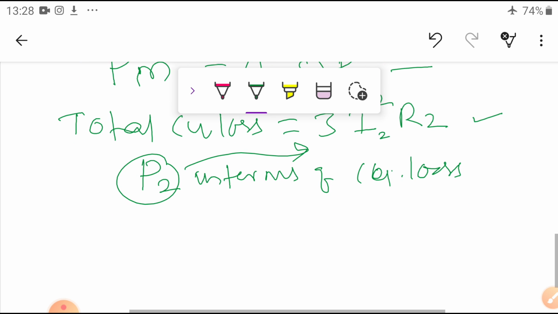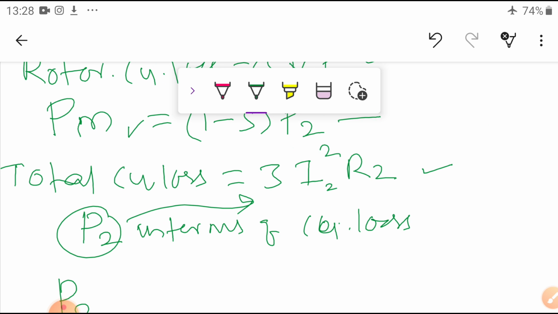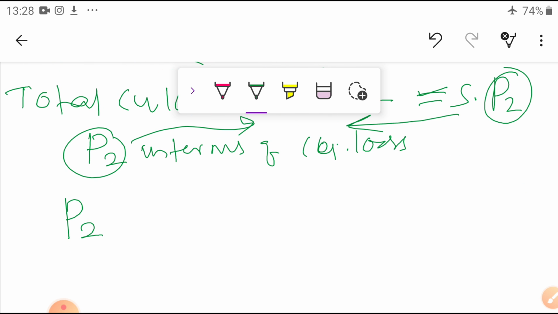Rotor copper losses is equal to S into P2, and I want P2, so S will come here. Simply I can write P2 is equal to 3 I2 square R2 by slip.